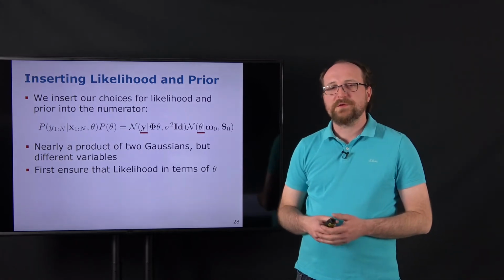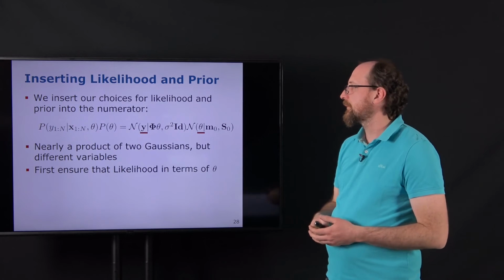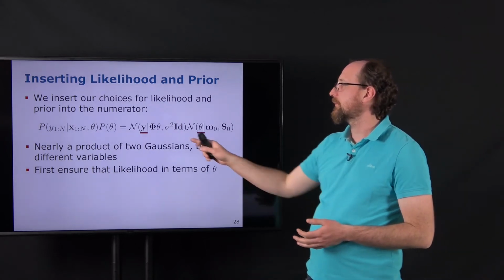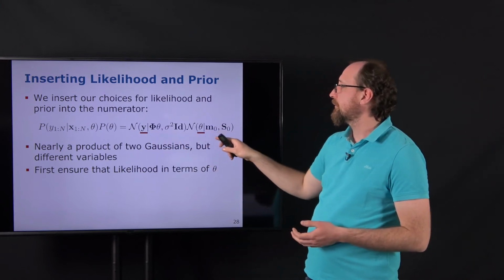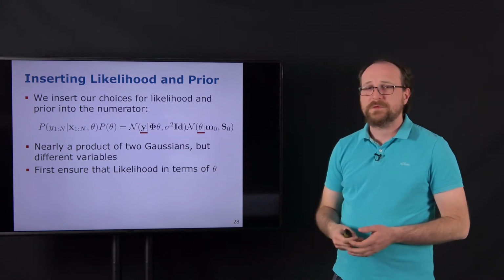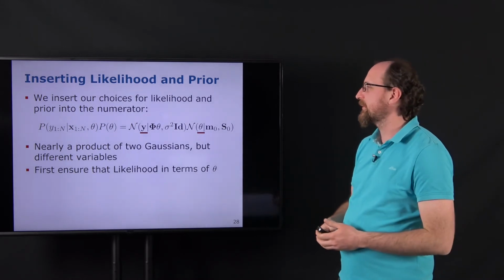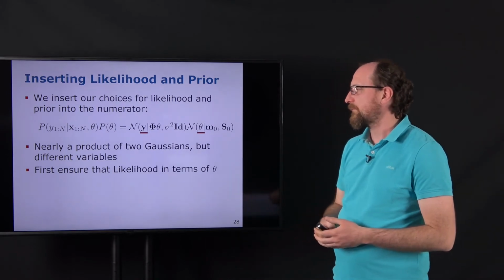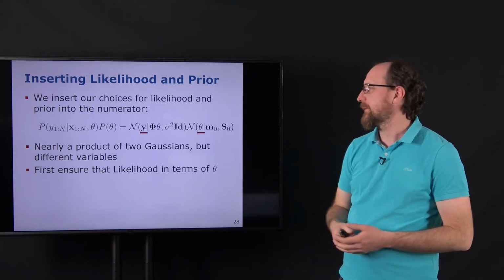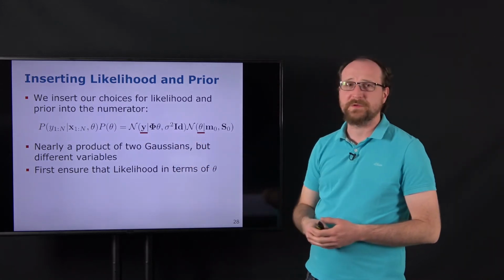When we insert our choices for the likelihood and the prior, we get the following. We have a product of the normal distribution over y and the normal distribution over theta. The good thing is that we can hopefully exploit that we have a product of normal distributions. But the problem is that one normal distribution goes over y, and this one goes over theta.